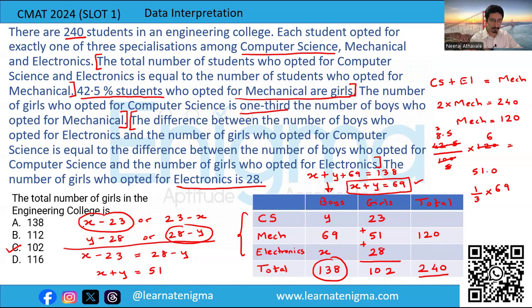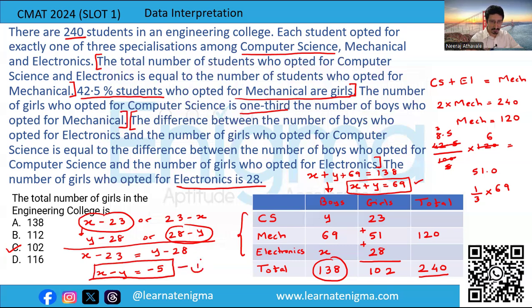Okay. So let's combine it with y minus 28. So x minus 23 equals y minus 28. Y goes on the left hand side, and it becomes minus. So x minus y is equal to minus 23 comes here as plus 23. So you get x minus y is equal to minus 5.